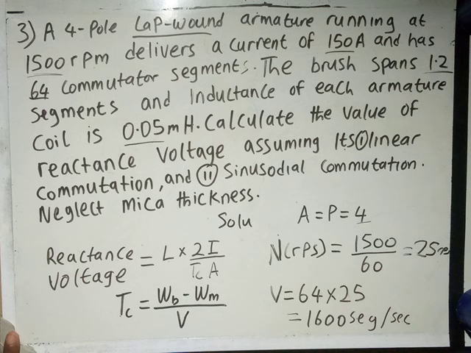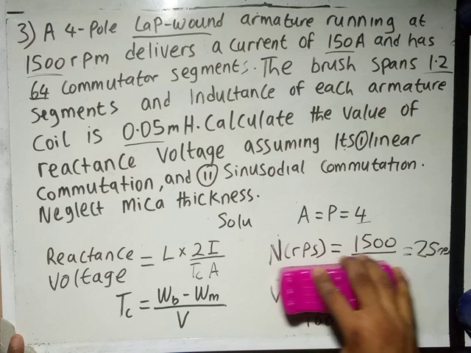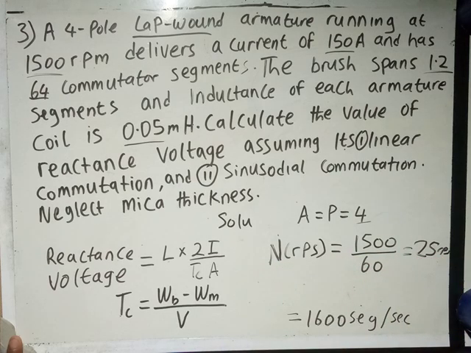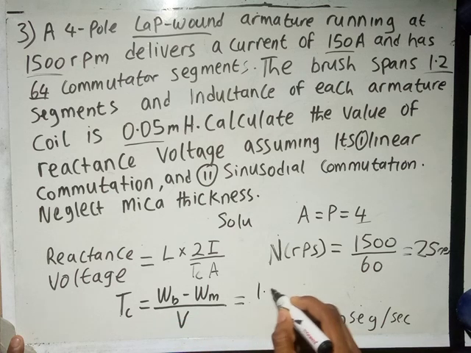Now we have gotten our V. We are now going to input our value here to get our TC. So our WB is 1.2 over our V, which is 1600.